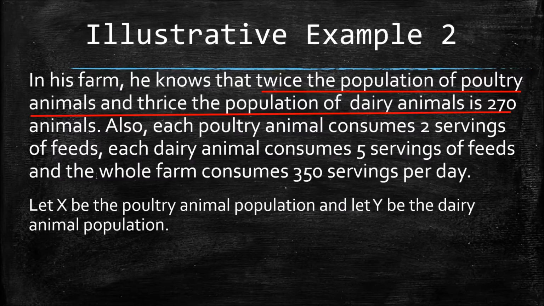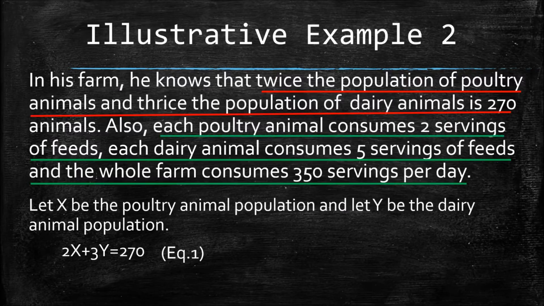We can write that as 2 of x plus 3 of y is 270, and we call that equation 1. The next statement is about the servings eaten by each animal, and we can write that as 2 of x plus 5 of y is equal to 350, and we name that equation.